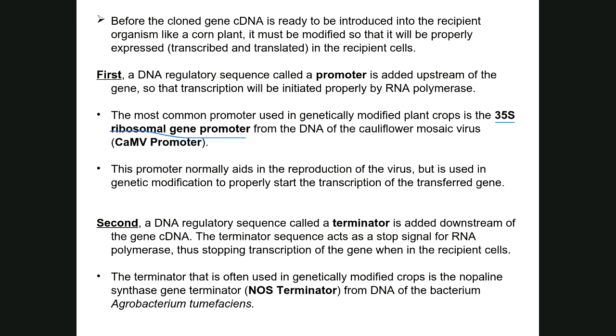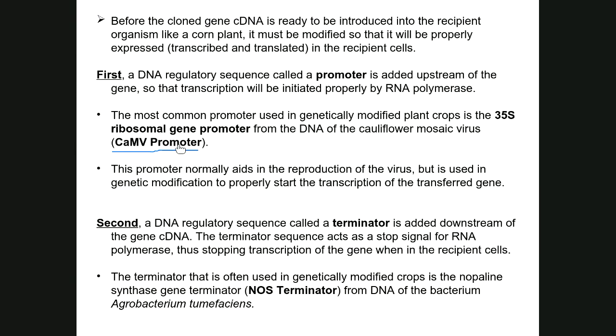This promoter more popularly goes by simply the CaMV promoter. It was found attached to genes in a virus called the cauliflower mosaic virus, thus the CaMV promoter. They found that even though this is a viral promoter, this DNA regulatory sequence works very well when attached to prokaryotic and eukaryotic genes when wanting to create a genetically modified organism.